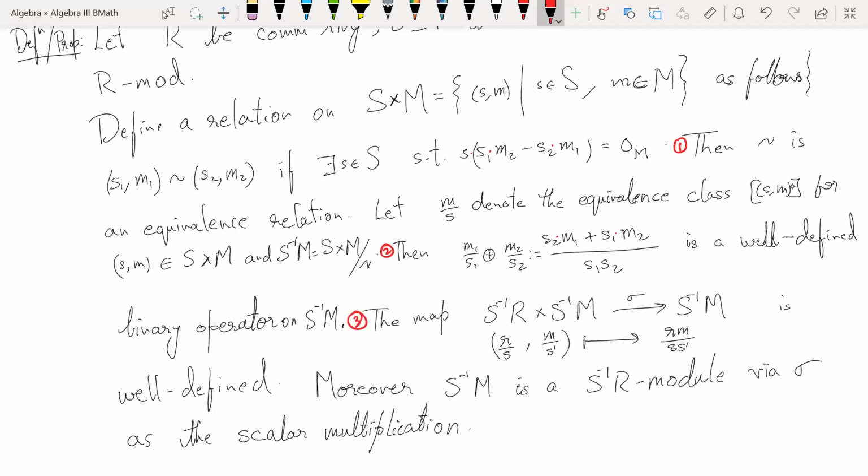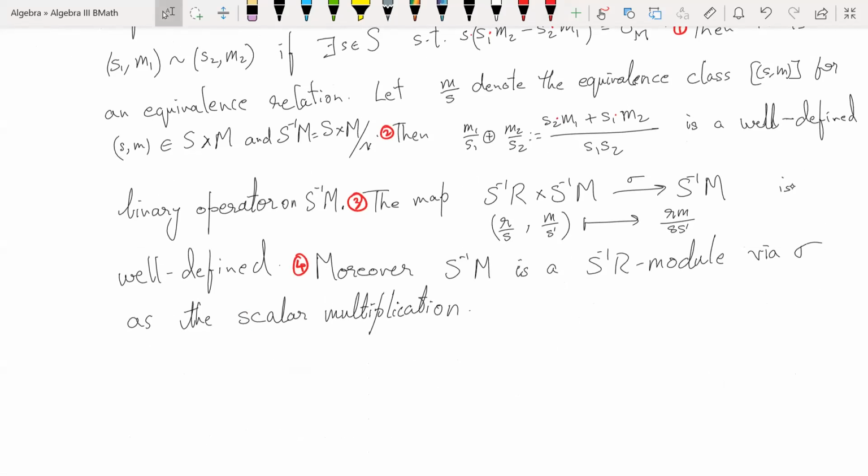Okay. And then finally, S inverse M is an S inverse R module via sigma as the scalar multiplication. And in particular, so maybe let's put this as 5.